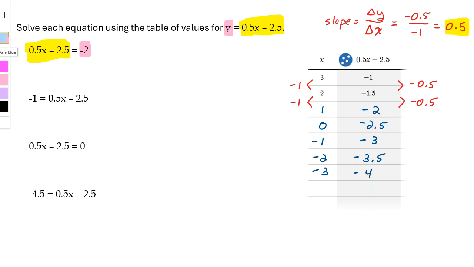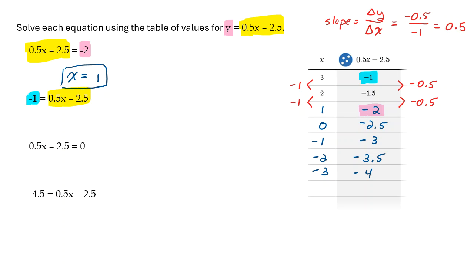I want to look at my output, which is in the right-hand column. There's the -2. So the value of x that will produce an output of -2 is 1. Do you want to solve this algebraically to verify that? I think you should. Add 2.5 to both sides, divide by 0.5, you're going to get 1. And maybe you can kind of see that just by looking at it. Pause the video, try the next one, and start the video when you have your answer.